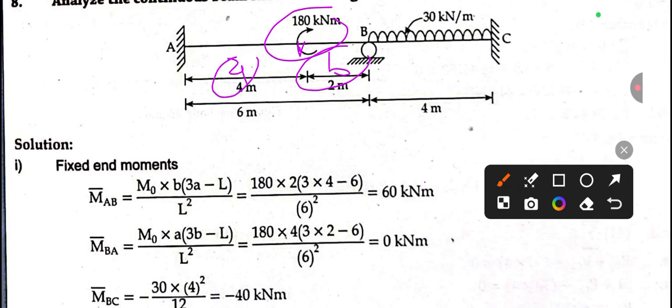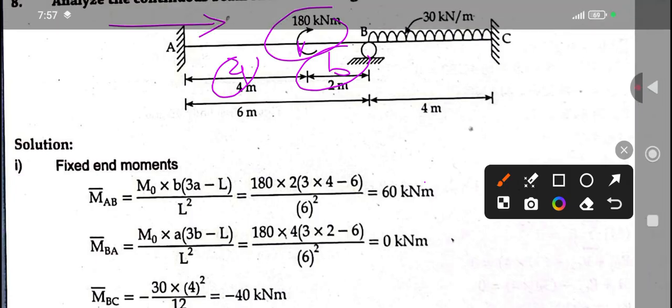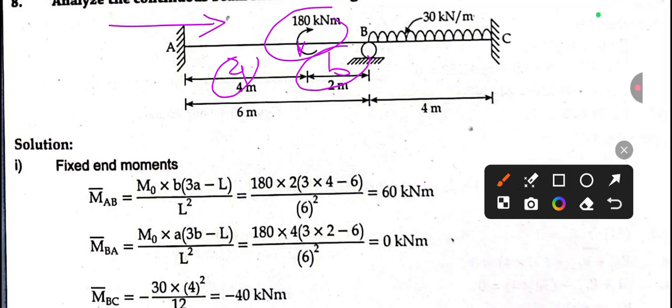Looking from left to right, A to B, the value of b will be 2. The formula has 3, the value of a is 4, minus 6 by l, where l is the total length, that is 6, squared. We get 60 kilonewton meter.